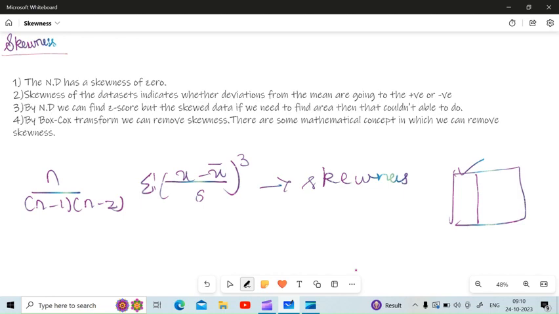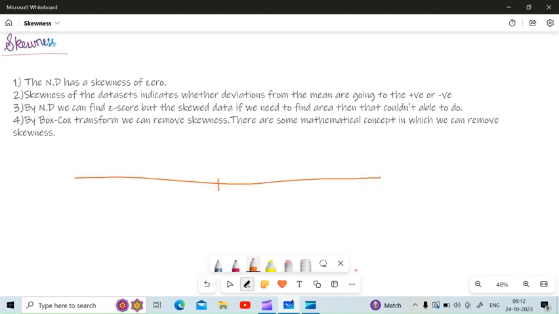We directly use the pandas library, and by using that we can easily find whether it contains skewness. It finds whether it's skewed data or not, and if it is positively skewed, it finds that too. So nowadays we can do it using the library itself, but we still need to know what formula it follows. If it is positively or negatively skewed, we understand from the values how it actually looks.